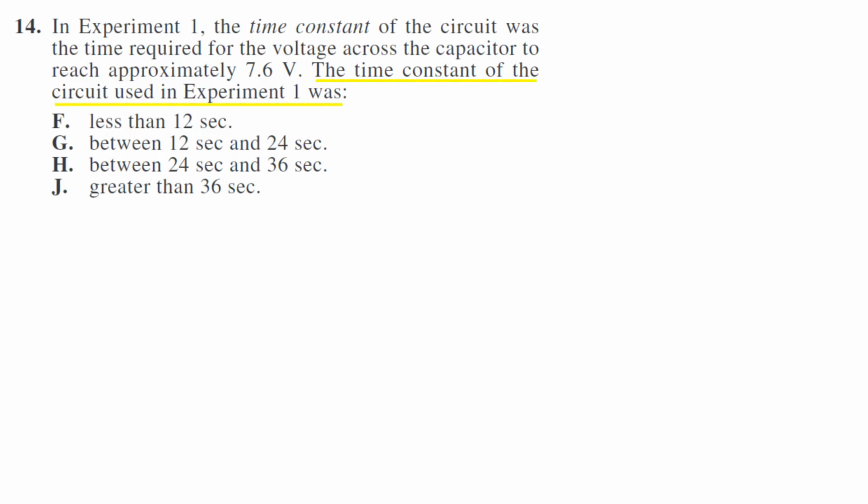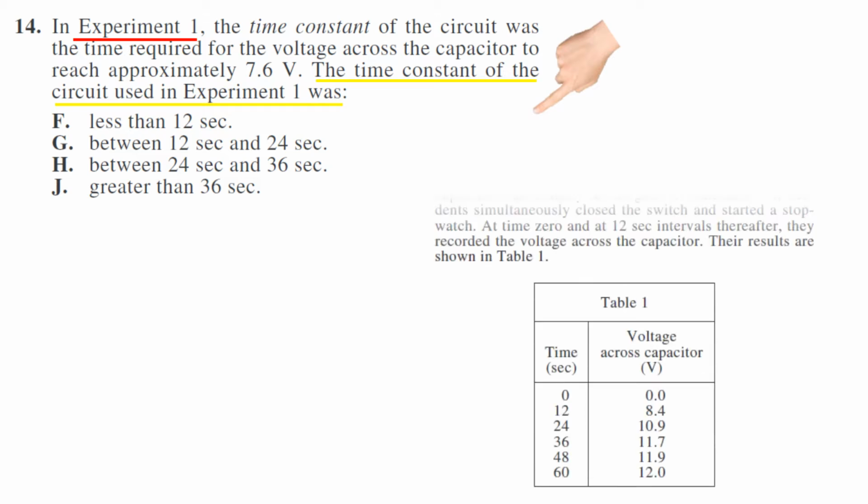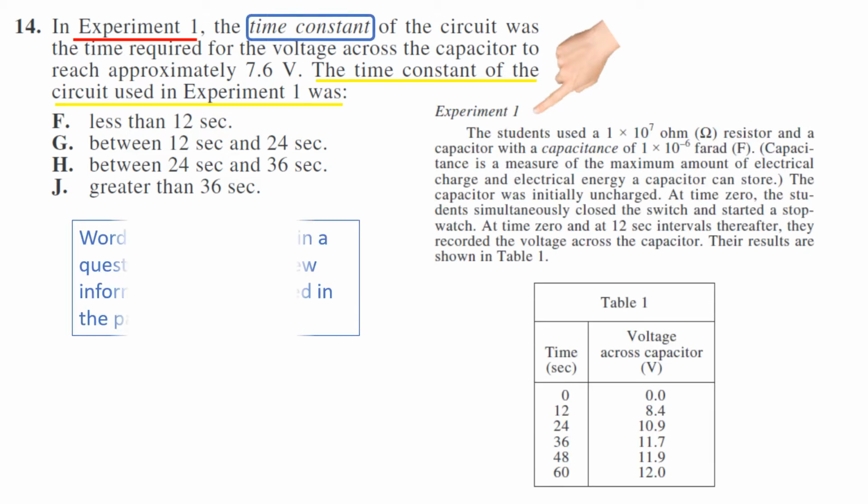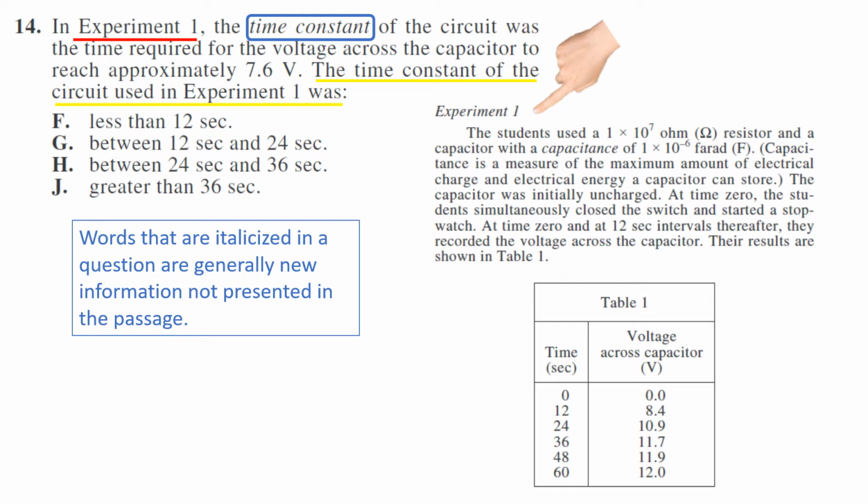Your first read through, this is the question you're answering: the time constant of the circuit used in experiment 1 was. So now let's break down the question. In experiment 1, put your finger on experiment 1. The time constant: words that are italicized are new information. Know that when you see that in a question, it's presenting something you haven't seen in the passage already.